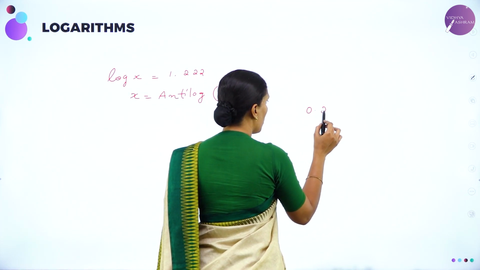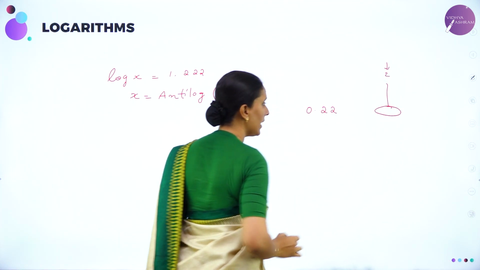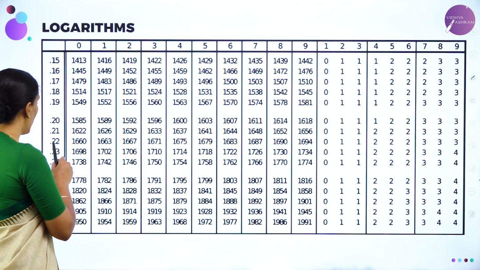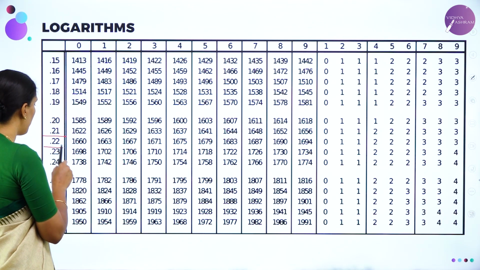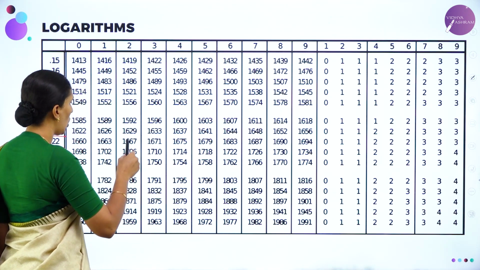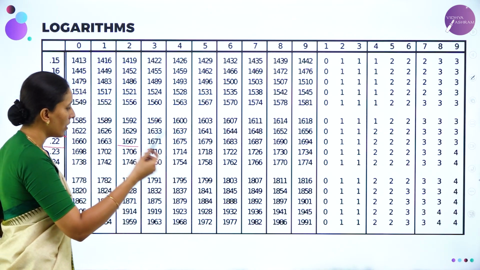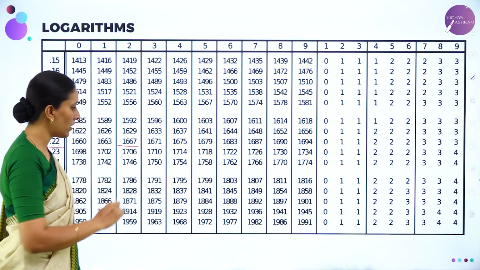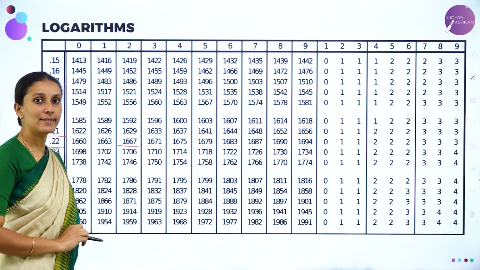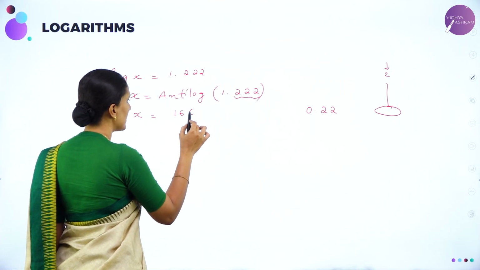You need to check 0.22 under the column headed by 2, note the number. Now, here this is the anti-log table 0.22, move towards the row headed by the column 2. So, it is 1667. So, there are no next digit. So, we'll end up here. So, the digit is 1667. So, we'll write the value x is equal to 1667.